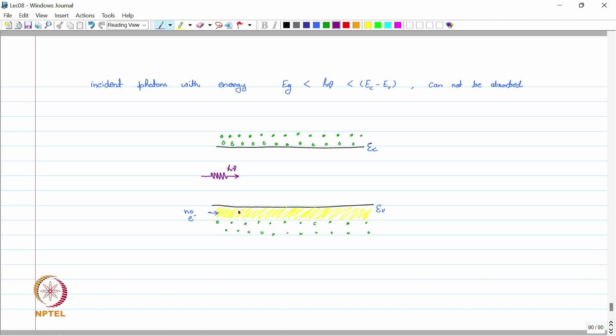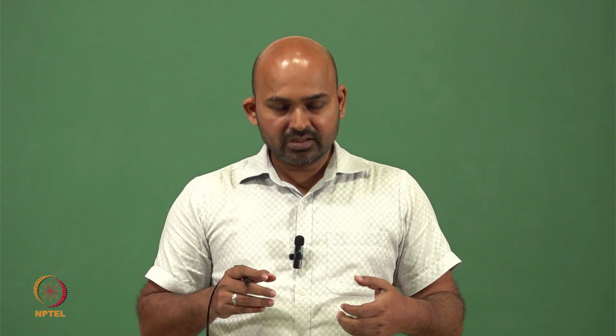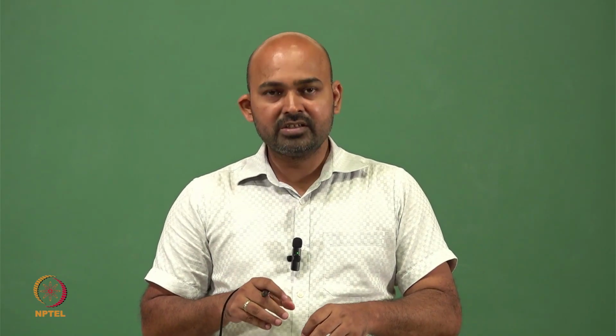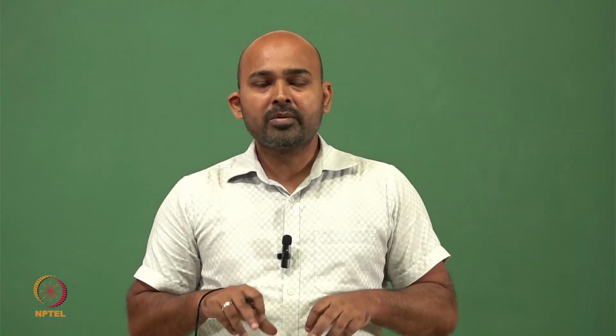This is not possible because there is no electron available here. Electrons are further down in the valence band, so they cannot absorb. They need more energy compared to what energy the photon has to jump to the conduction band. So this photon will not be absorbed by the material.